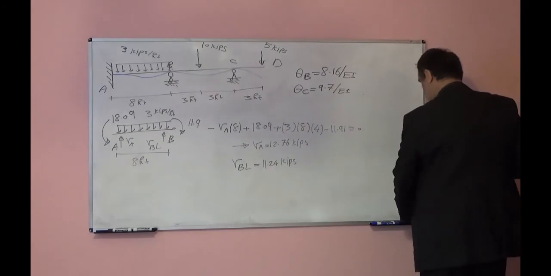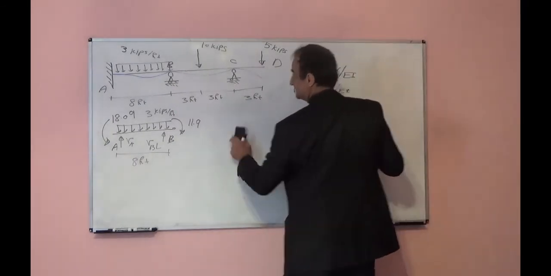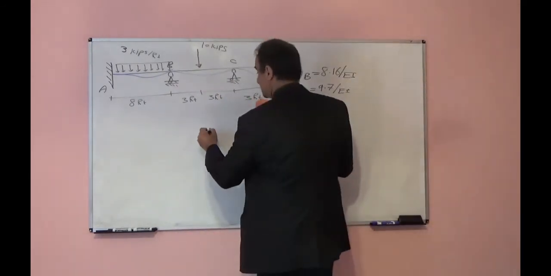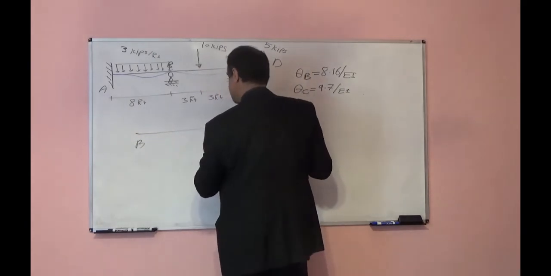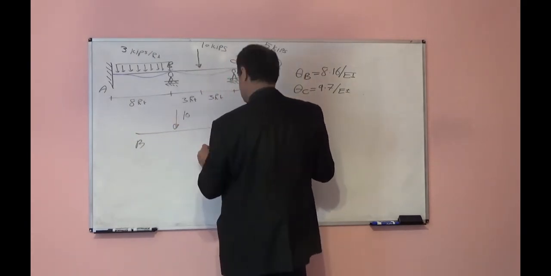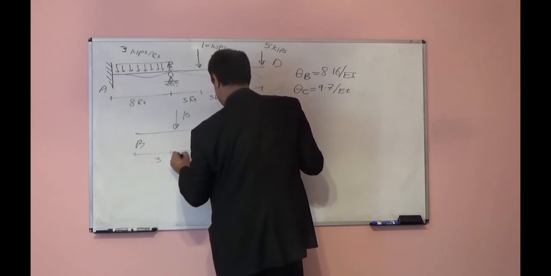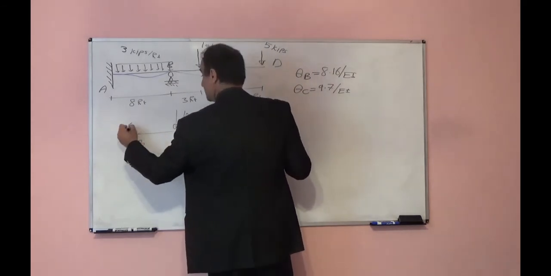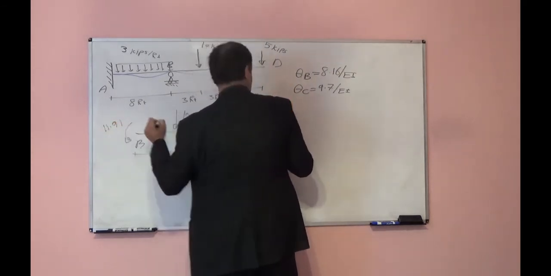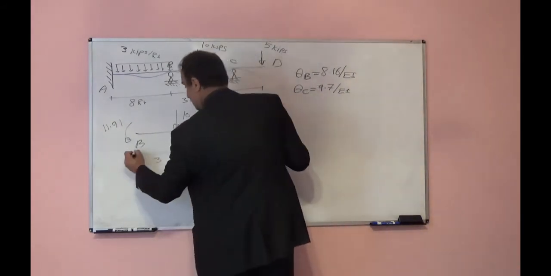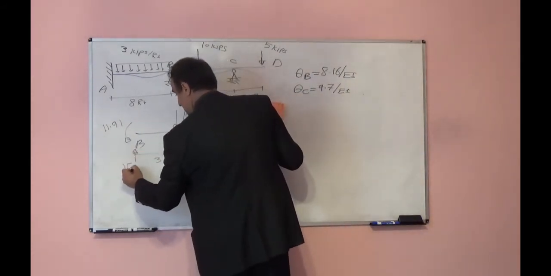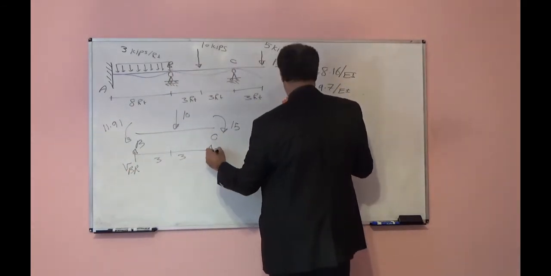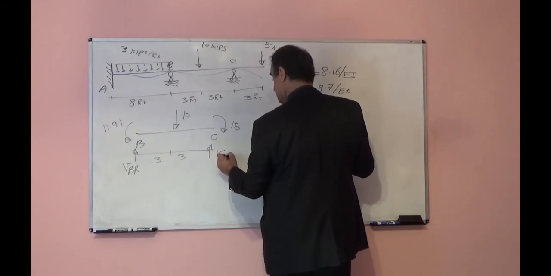So if we look at the BC span, I can draw free body diagram for that span. BC 10, this is 3, this is 3, this will be 15, this will be 11.91. Here I will have VB right at right side of the support, and here I will have VC.